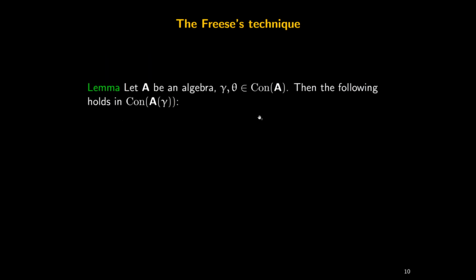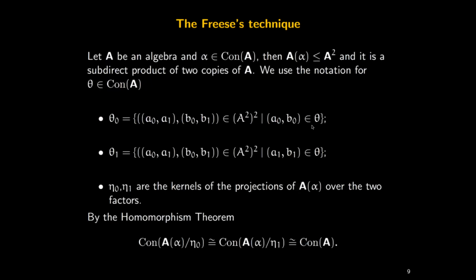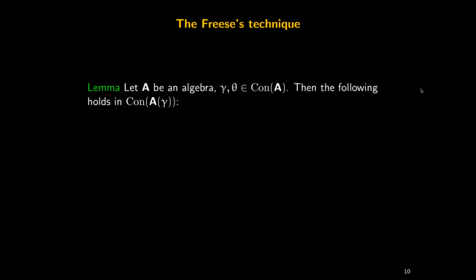And of course, by the homomorphism theorem, in the general case the congruence lattice of A_alpha factored by one of the two kernels is isomorphic to the congruence lattice of A. Also some basic things that you can prove, considering gamma and theta in Con A, are the following.